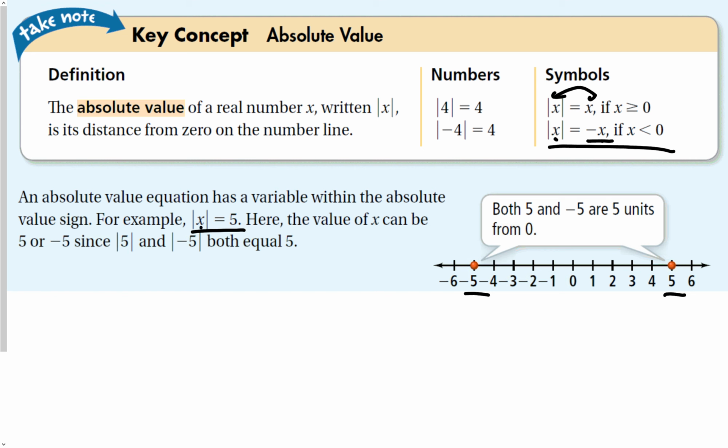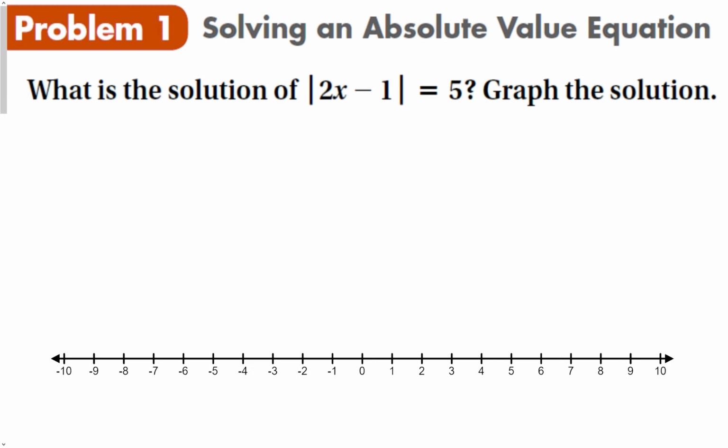The inside could be a positive 5 and then these two would be equal, or the inside could be a negative 5, and when you take the absolute value, these two are equal. So when we get rid of the absolute value signs in an equation, we just consider the positive and negative case.